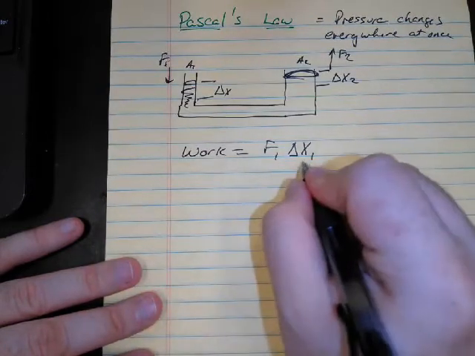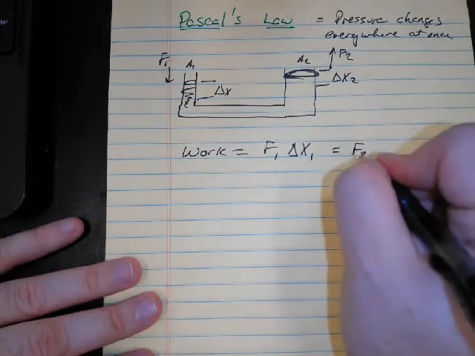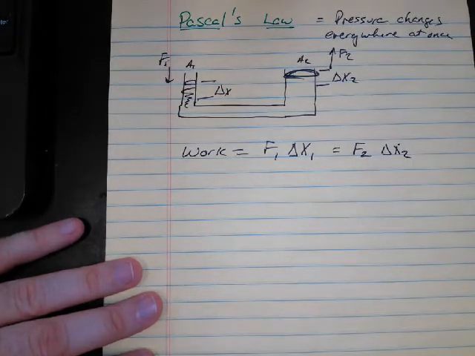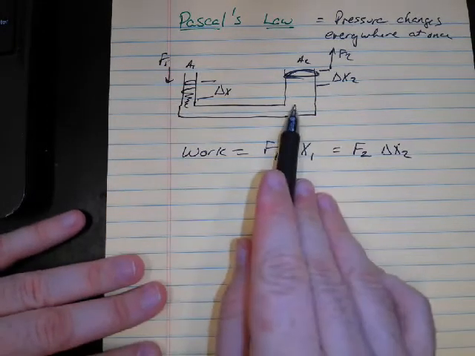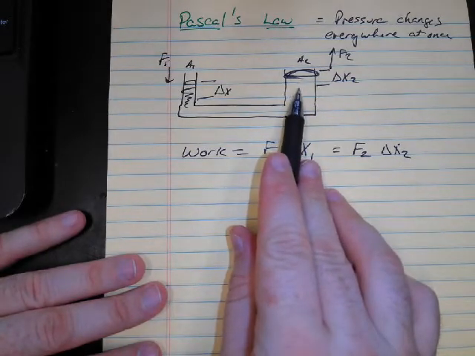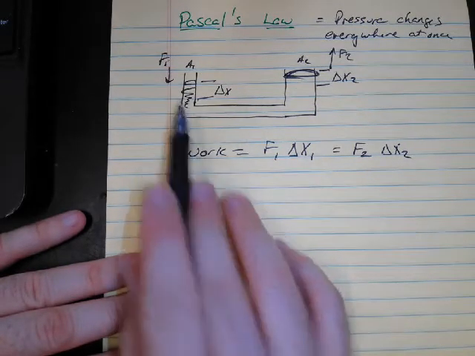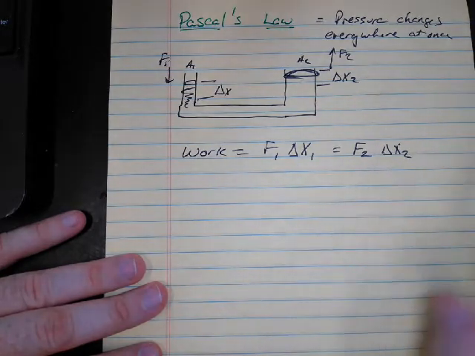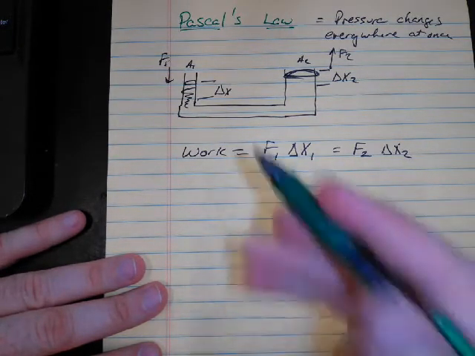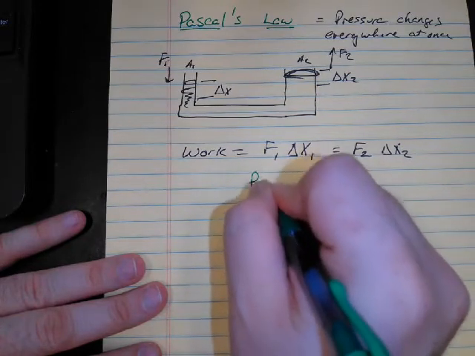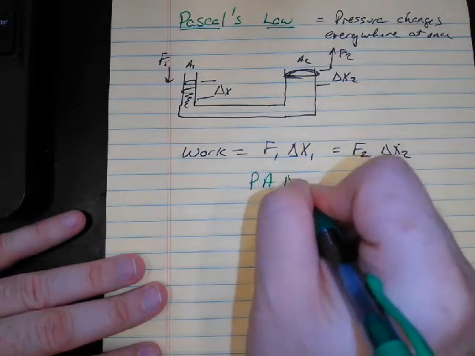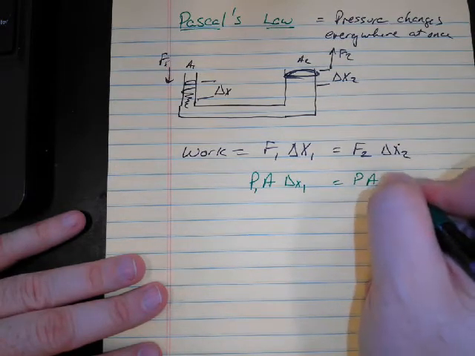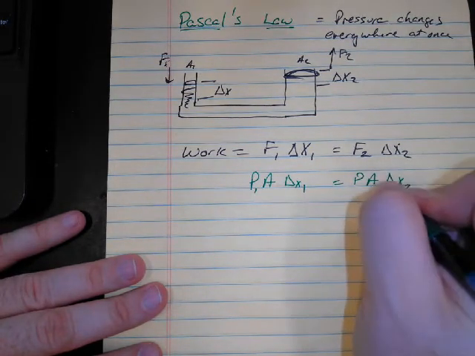So F1 delta X1 equals F2 delta X2. The work that we put in, without any losses, should result in the work out on the other side. So this is force times distance equals force times distance. But we can write the force in terms of the pressure times the area, so pressure times area times delta X1 equals pressure times area times delta X2.